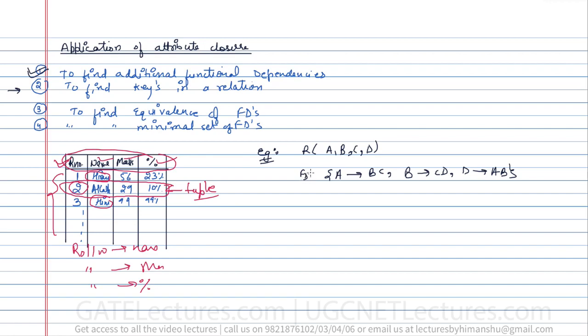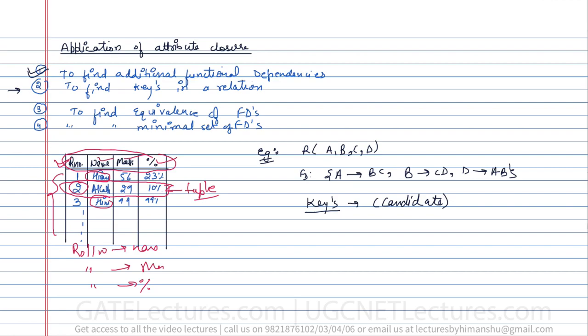This is the set of functional dependencies which are already given. Now first of all, let us try to identify what are the keys which are possible for this relation. See, keys means we are discussing the candidate keys. Candidate keys are the keys which are minimal, plus they can determine all the other attributes of that relation.